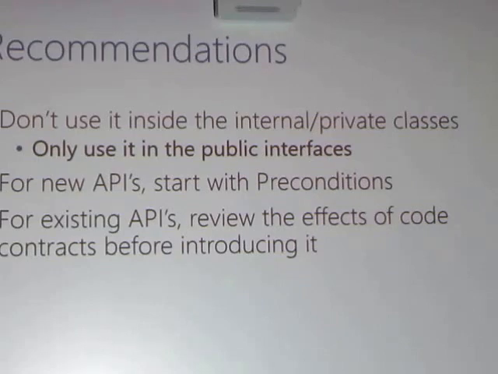So we consider this pretty safe and don't put it in. But for new APIs and public APIs, we are saying at least put preconditions. If you're just starting to implement code contracts, then try to start with preconditions and then see what else you can put in, so you can make your contracts stronger. This is when you create new APIs.